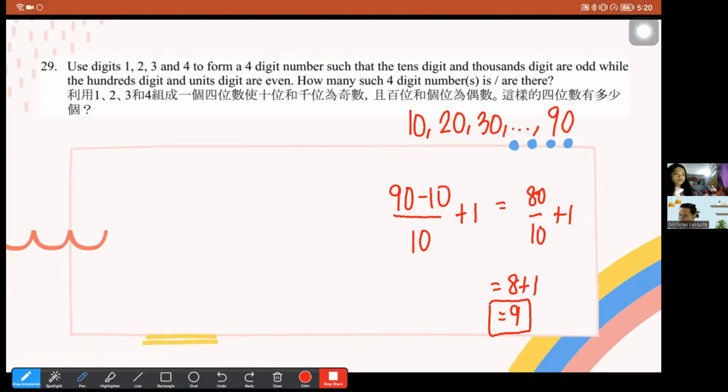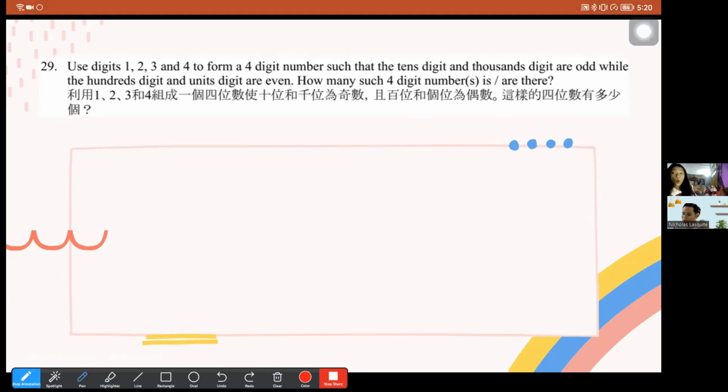Okay, number 29. Use digits 1, 2, 3, and 4 to form a 4-digit number such that the tens digit and thousands digit are odd, while the hundreds digit and the units digit are even.